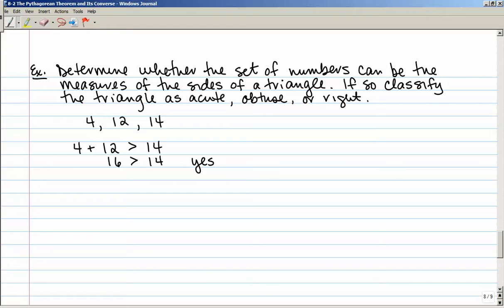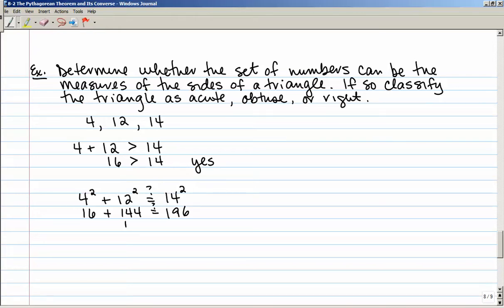Now let's figure out what kind of triangle it is. Is it acute, obtuse, or right? Well, let's plug these numbers into the Pythagorean theorem and see what happens. So 4 squared plus 12 squared, is that equal to 14 squared? Is 16 plus 144 equal to 196?